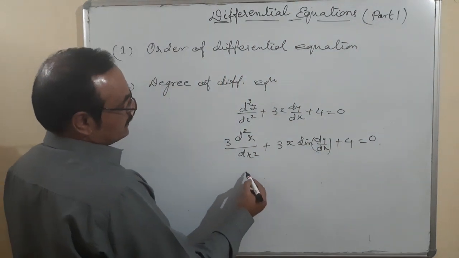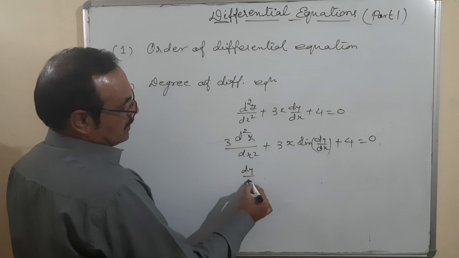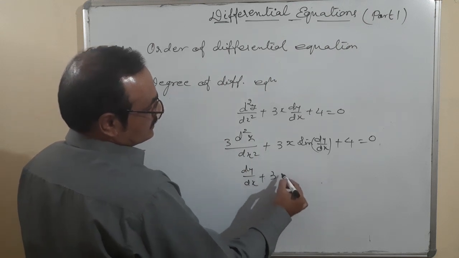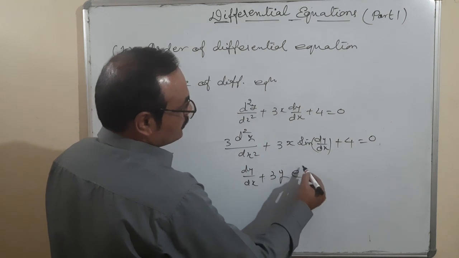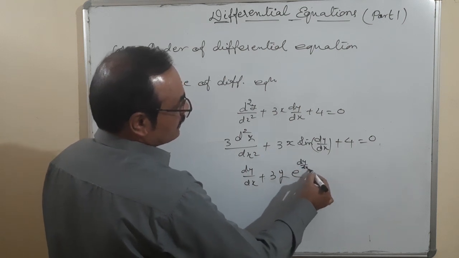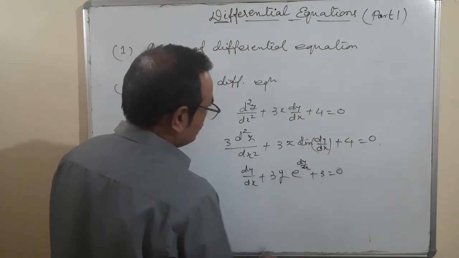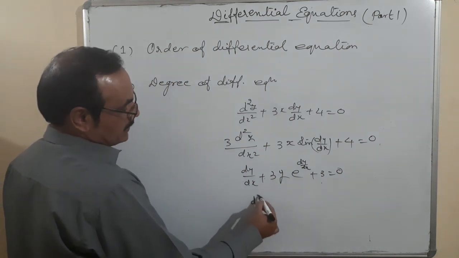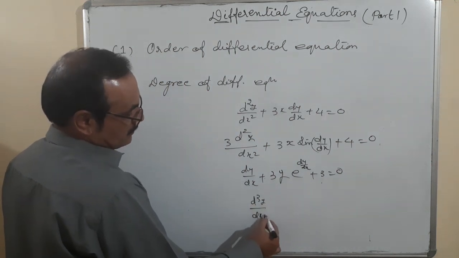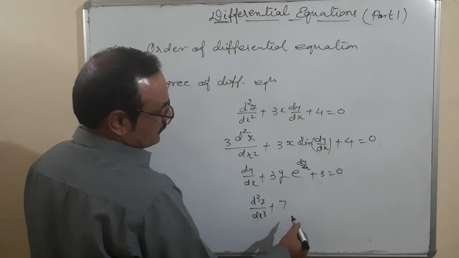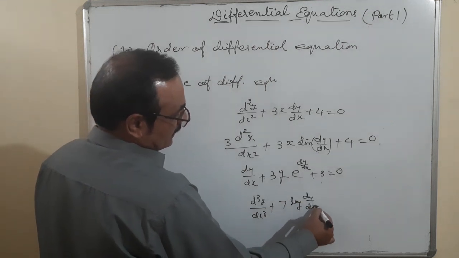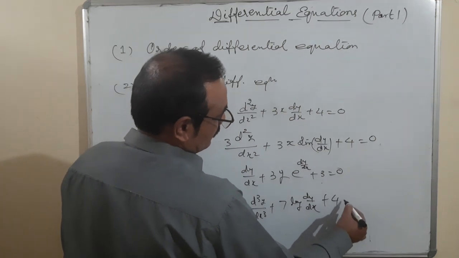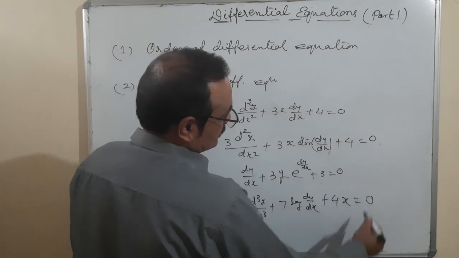Then dy by dx plus 3y e to the power dy by dx plus 3 is equal to 0. And d cube y by dx cube plus 7 log dy by dx plus 4x is equal to 0.